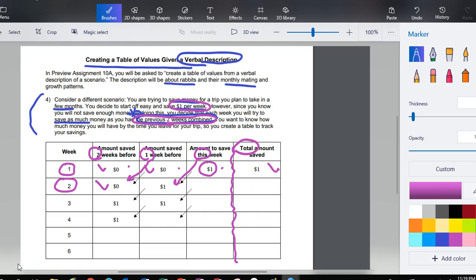Well, we don't have past week or past 2 weeks to combine in. Wait, I'm sorry, we do. We have 1 past week to combine in. So this past week, we're going to end up saving $1, and I'm not saying that right. This dollar is from this week.